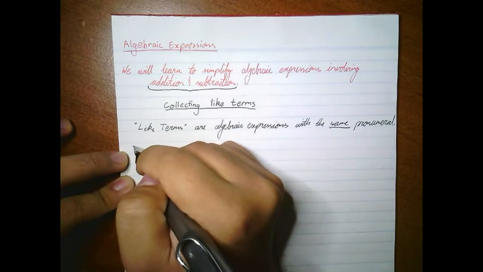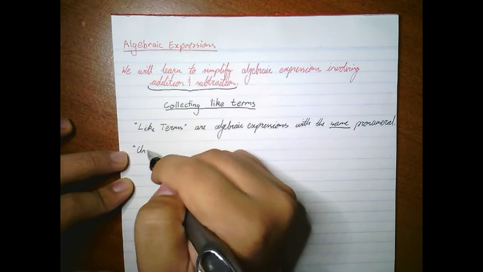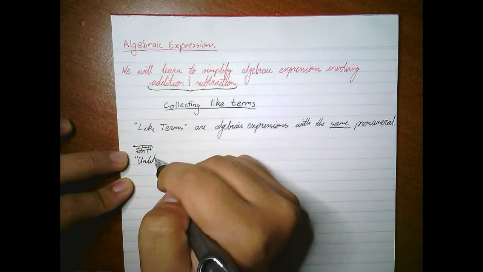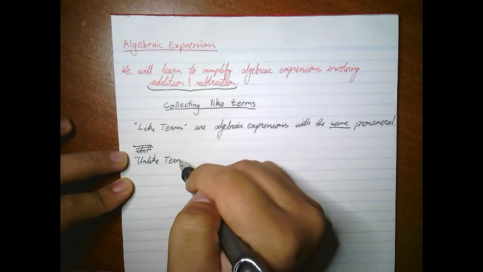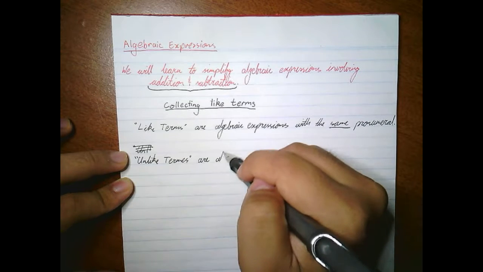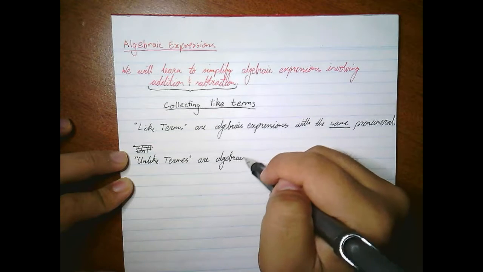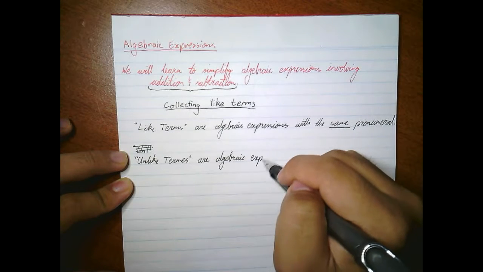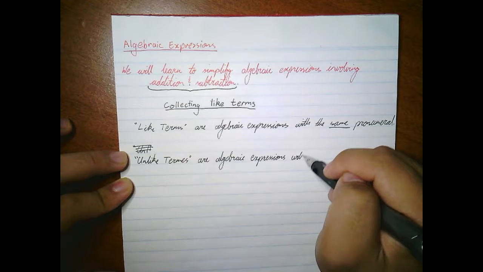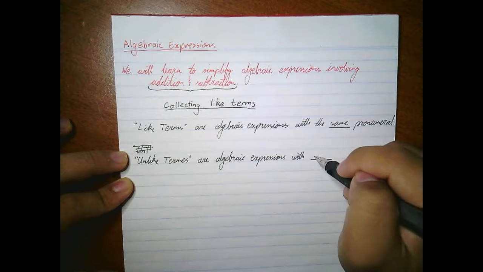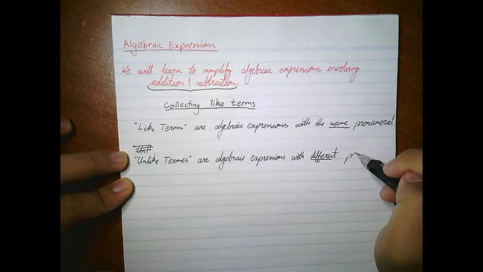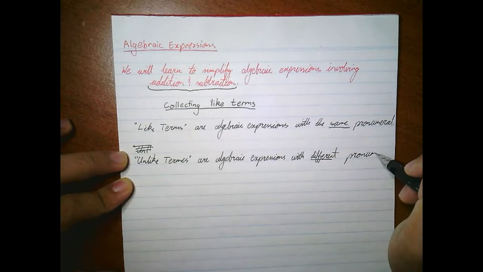And similarly, or dissimilarly, let me correct that. Unlike terms are algebraic expressions with, underlining, different pronumerals.